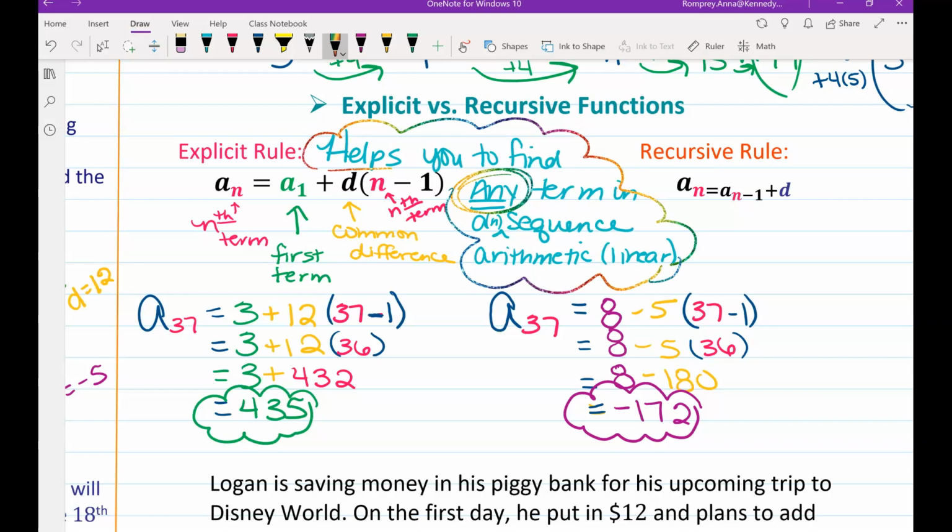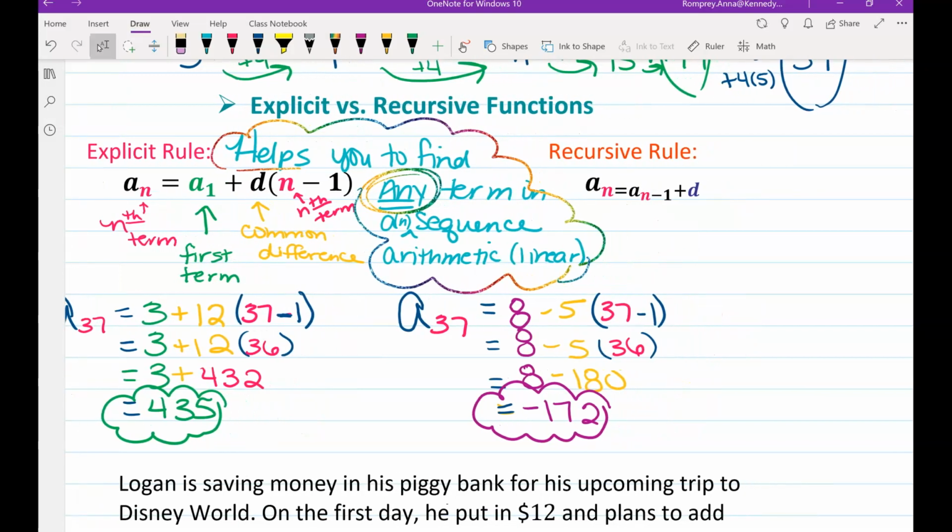Beautiful. So I have this other thing up here, this pesky little recursive rule. Now, recursive rules are not crazy useful. However, I'm going to show it to you because I'm supposed to. Recursive rules allow you to find the next term.